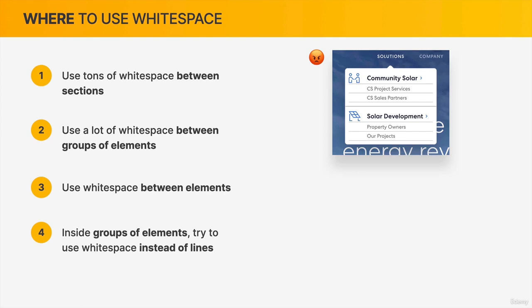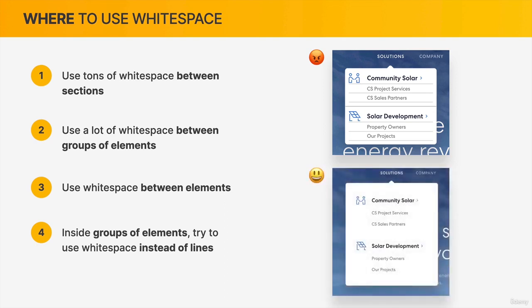So just like in this example. While actually it looks way better and way more modern and more clean to simply add some space between the elements, right? So here you can still clearly see which elements belong together, but all without using these ugly looking lines. And so if you're trying to create a modern looking design, then this is always the way to go.